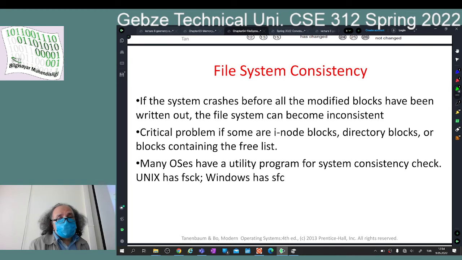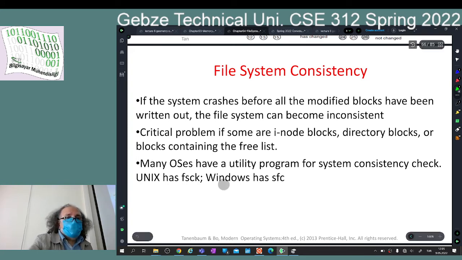I can do some stuff to at least help with this inconsistency. And the operating systems offer utilities to check for system consistencies.